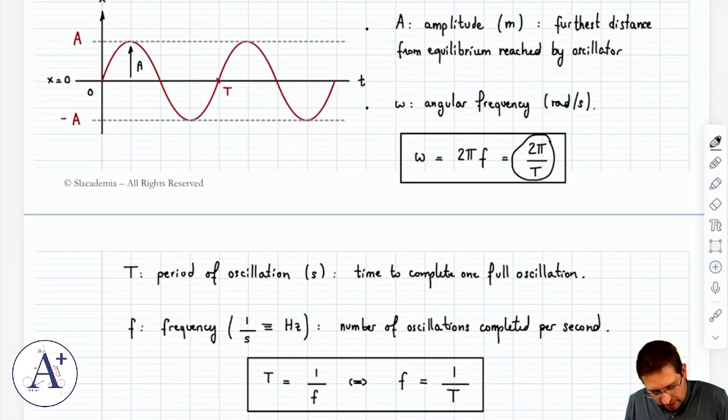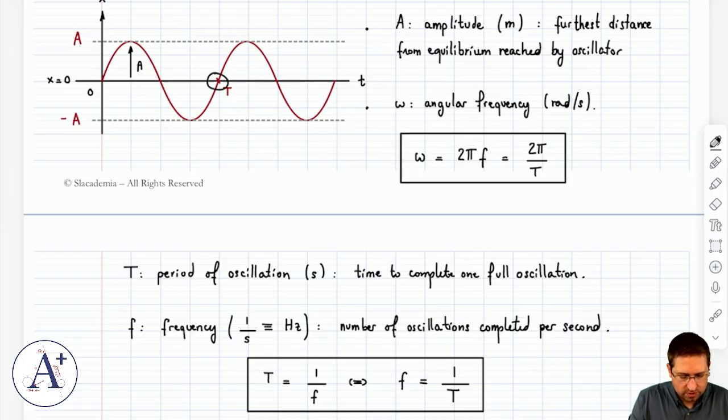The bigger you make T, the smaller you make omega. The bigger you make T, the further out this goes, and so the longer it takes to complete one oscillation. So if omega is small, then that stretches the sine or the cosine out. Let me say this again.